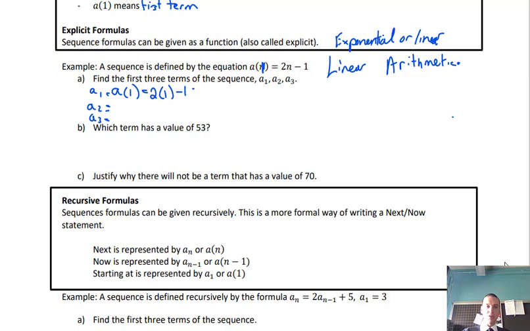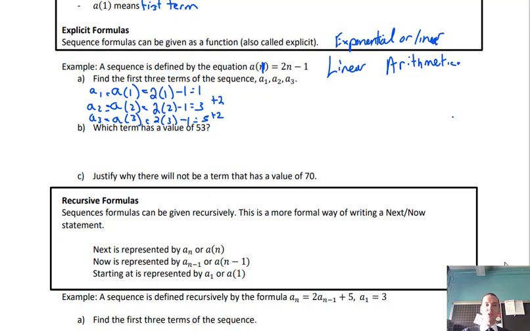So 2 times 1 minus 1, which is 2 minus 1, 1. A of 2, 2 times 2 minus 1, 3. A of 3, 2 times 3 minus 1, which equals 5. You will notice here that this is our first term, second term, third term. They go up by 2. You're adding 2 each time, which is important to know. That's the linear function, which is arithmetic.